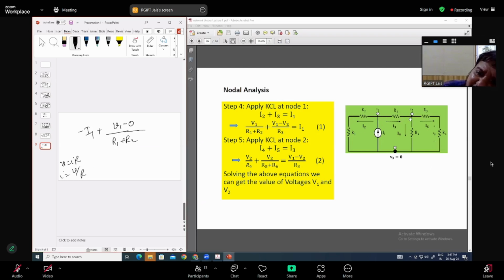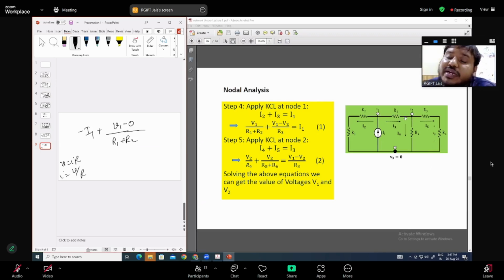Again, for the branch with R3, what can we consider? We have to consider that the voltage at our present node, that is the highest one, V1, is higher than V2. If that is the case, then current will always flow from higher to lower.